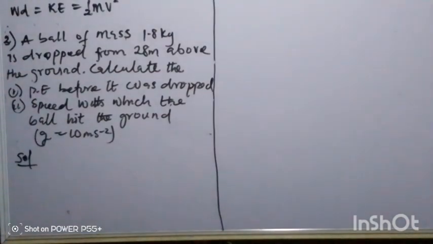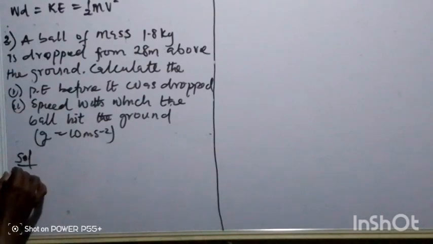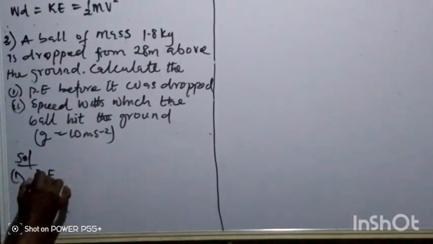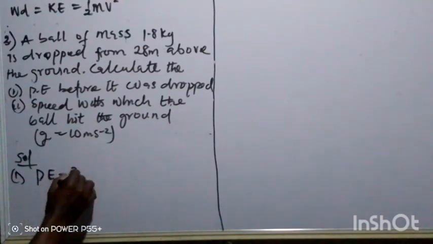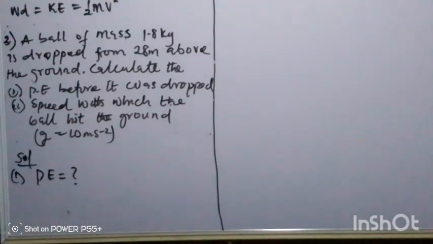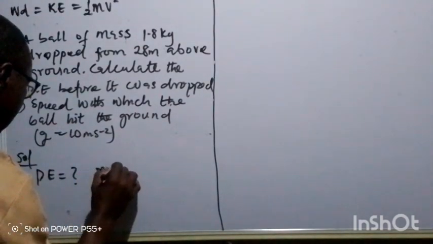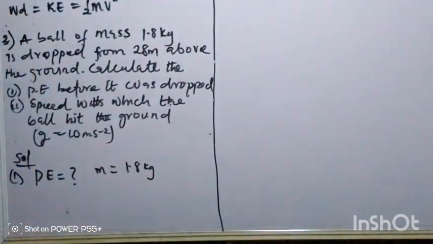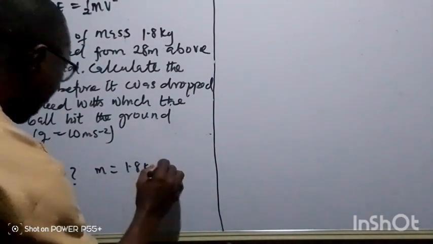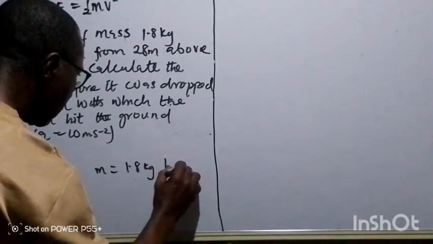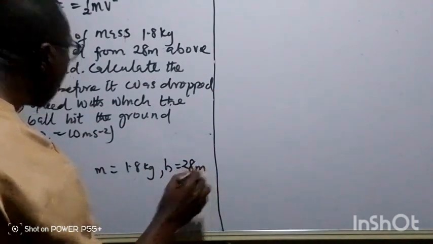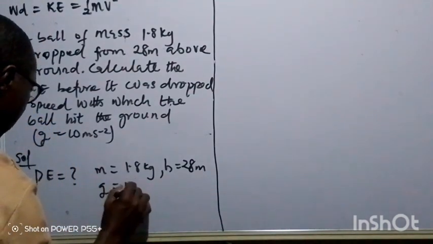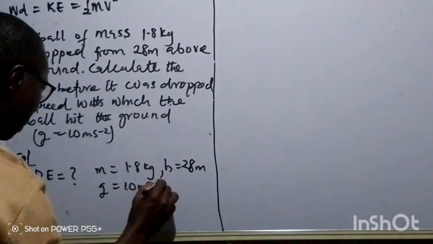Now from this question, question number 1 says we should calculate PE, which is potential energy. The parameters given: mass is given as 1.8 kg, then height is 28 meters, and g is 10 meters per second squared.